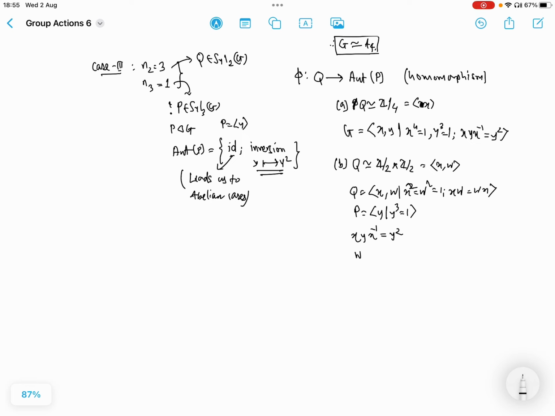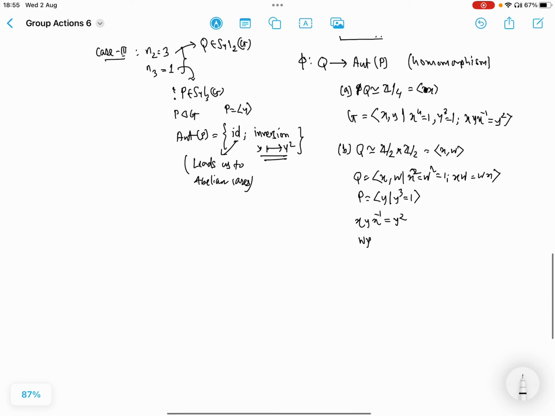Let's take W, and so I think you can show that this element will have order 6. So eventually, what you get, let me write it first.